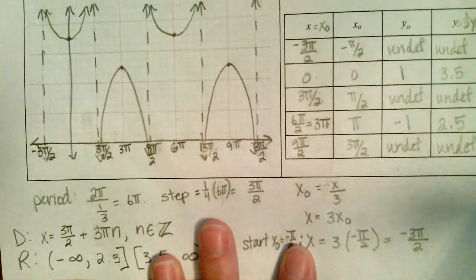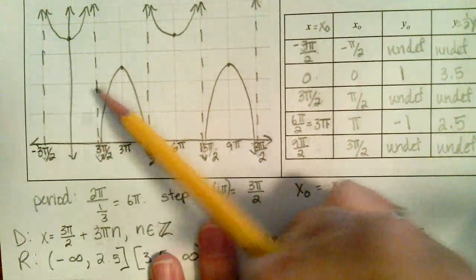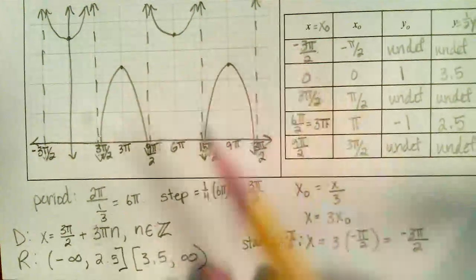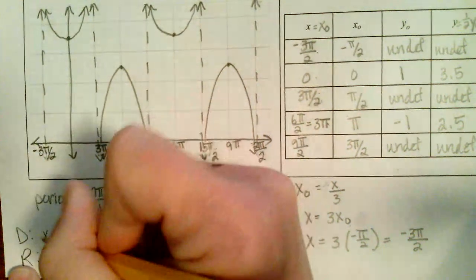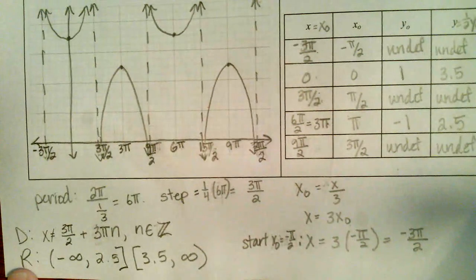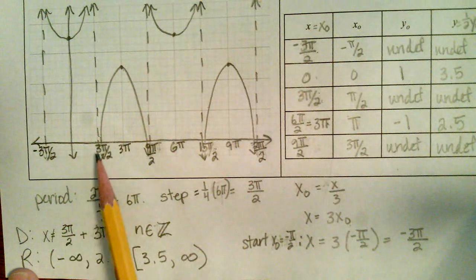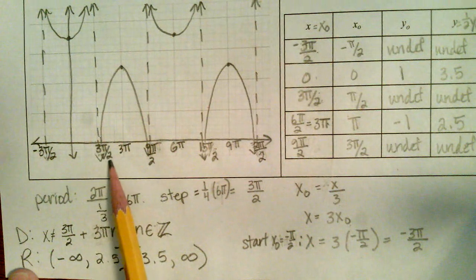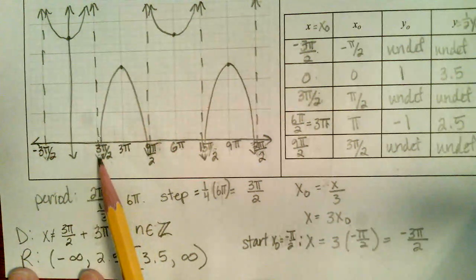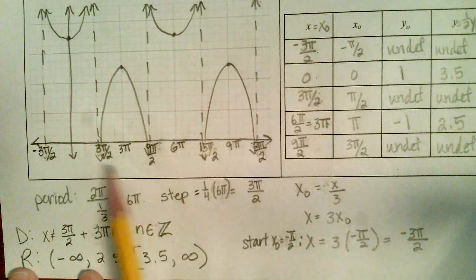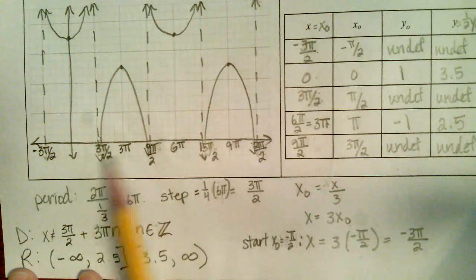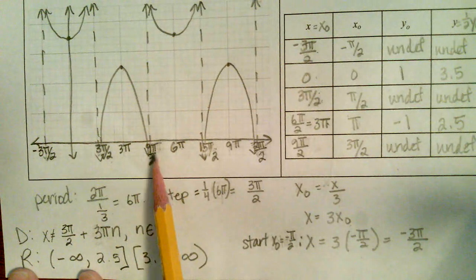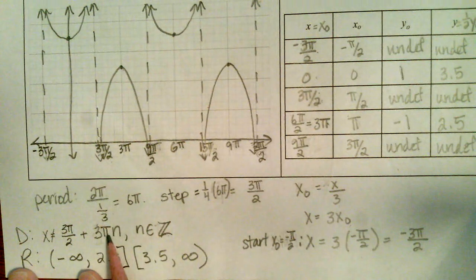So now our domain. Again, anytime we have an asymptote, we are going to be excluding values. So I say that x cannot be my first positive asymptote, which is 3 pi over 2. My next asymptote is 9 pi over 2. The difference between them is 6 pi over 2, which simplifies to 3 pi.